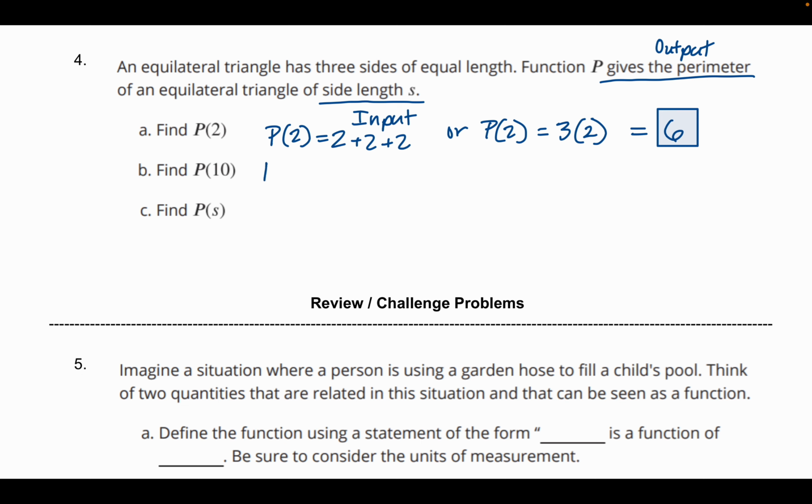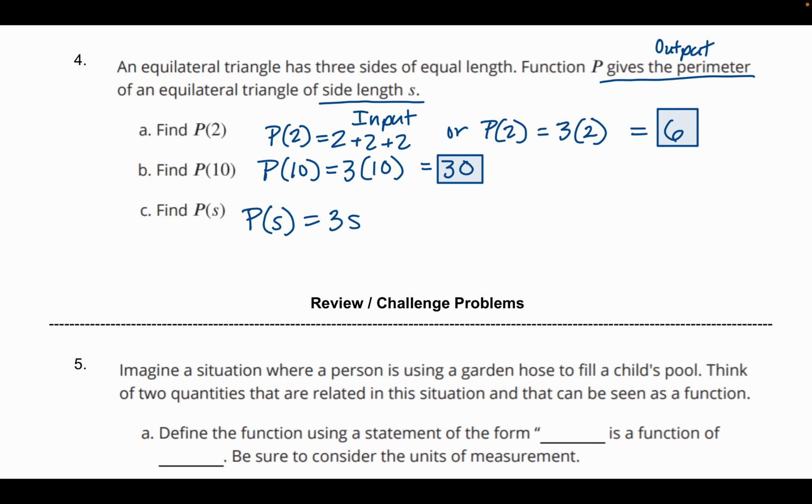Find p of 10. I don't like to do the addition one, so I'm just going to say p of 10 is 3 times 10, which is 30. And for p of s, I'm just going to say that this is 3 times s.